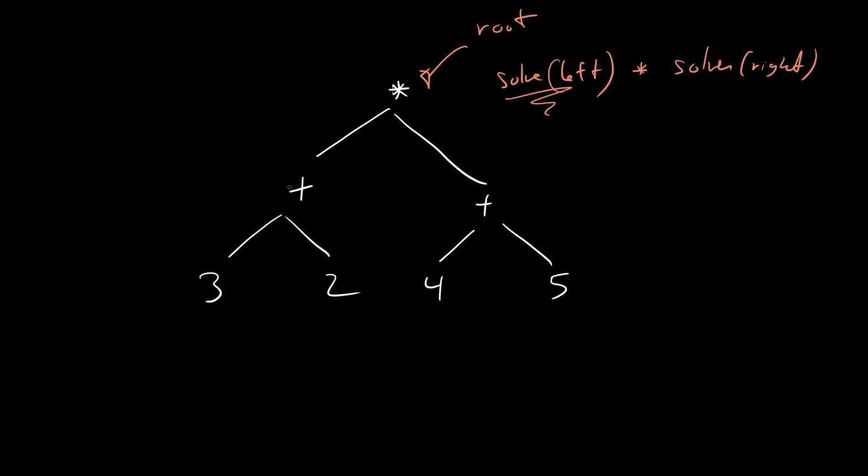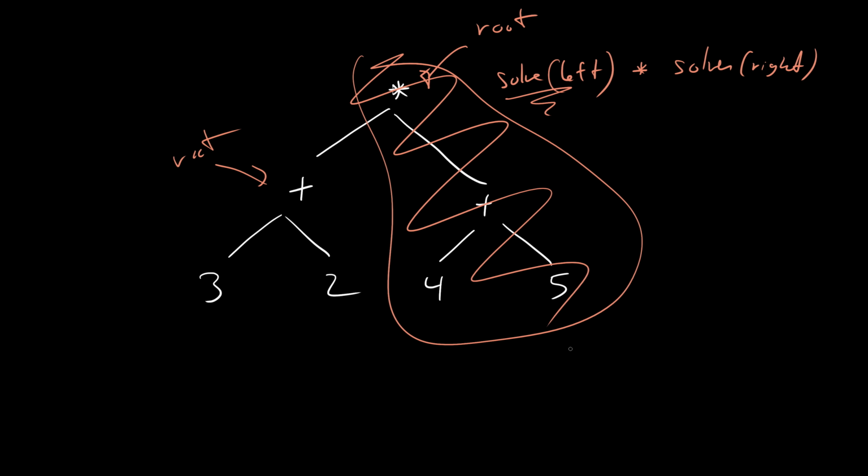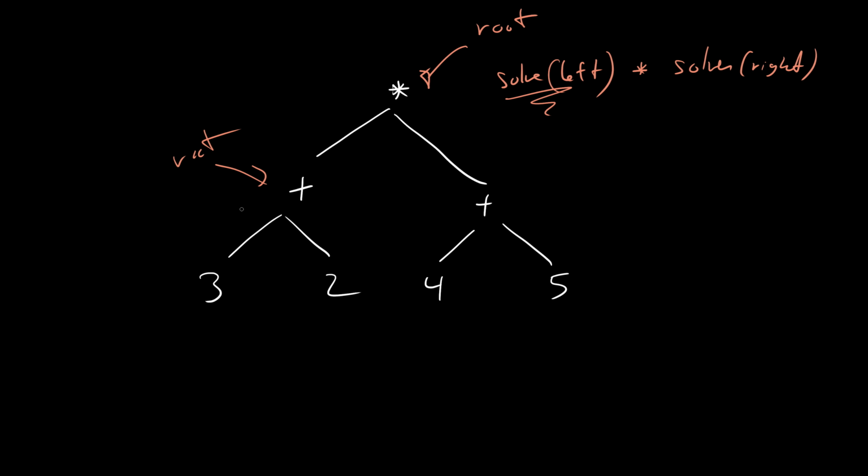Now imagine this guy is the root, and these things don't exist. We're just thinking about these two guys. Then it's very simple, because you do the same thing: solve left, then add it, and then solve right. Now, we also have a base case. The base case is that they're actually leaves, they're numbers.